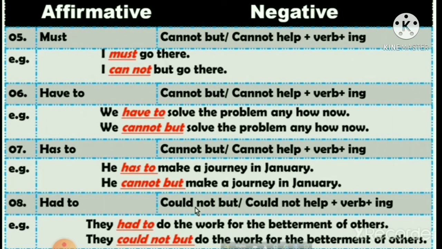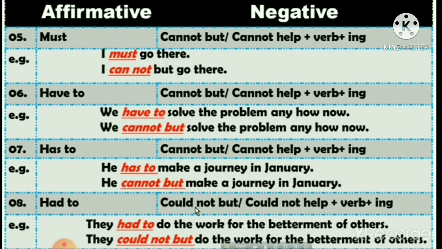Examples: we see I must go there, so we can change it this way, I cannot but go there, so we must use cannot but. Okay, have to: we have to solve the problem anyhow now, so we can change it this way, we cannot but solve the problem anyhow now.